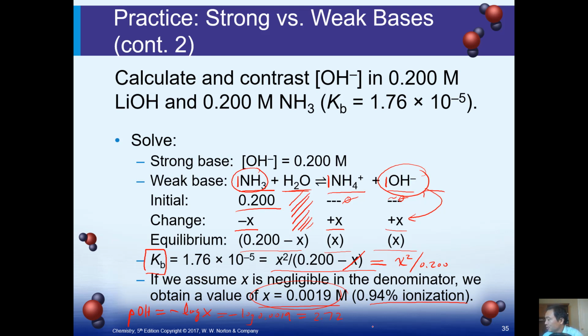This is pOH. If I asked you to calculate the pH, pH would be 14 minus 2.72. This gives you 11.28. Okay. This question asks us to do the calculation for the percent ionization, and we can also do that. It turns out to be a very small number.